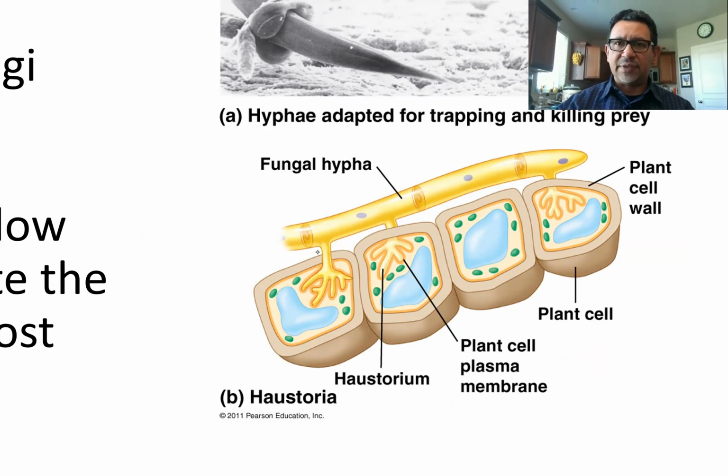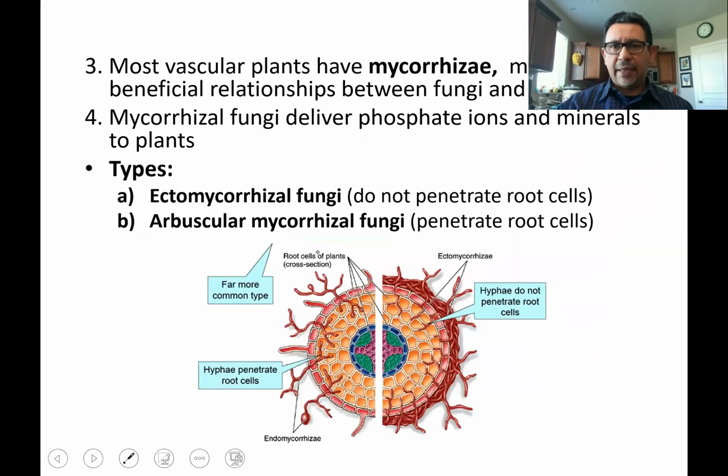And that is a characteristic of a type of mycorrhiza, a type of fungus and plant relationship that I'm about to talk to you about right now. So myco, in this word mycorrhizae, means fungus, rhizae means roots. So mycorrhizae is a relationship between certain kinds of fungi and the roots of some plants.